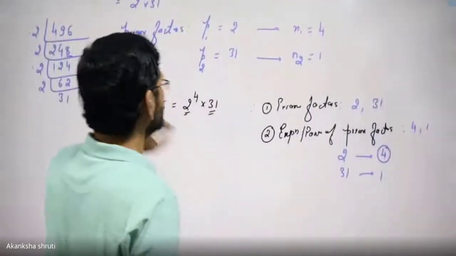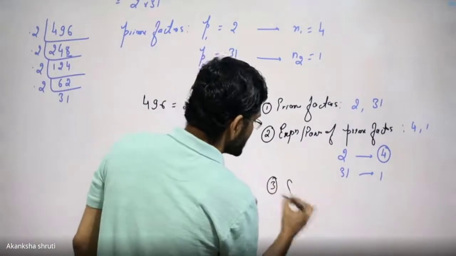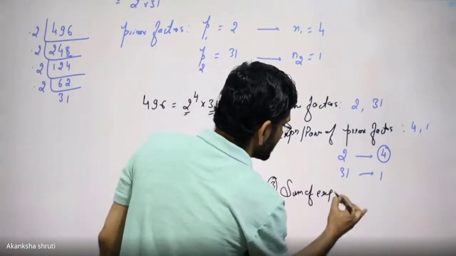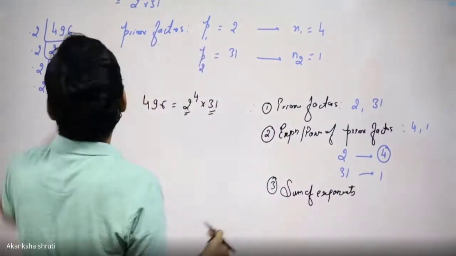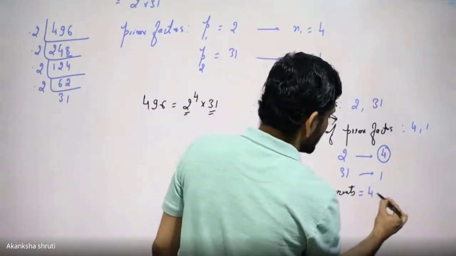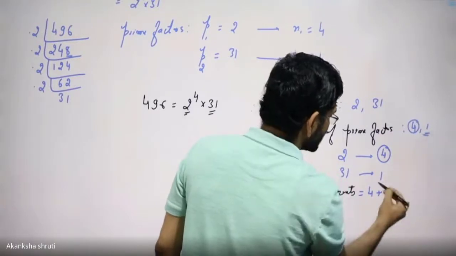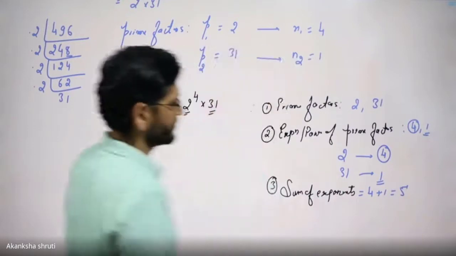Students, it is not only this much; the question can even be asked one step ahead: the sum of exponents of the prime factors. At that time we need to take the addition of 4 and 1 for the 31. So it is 5.